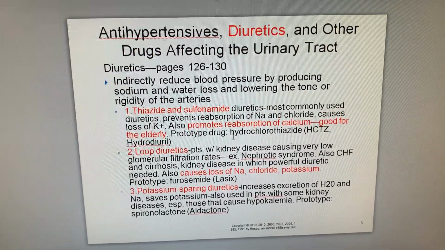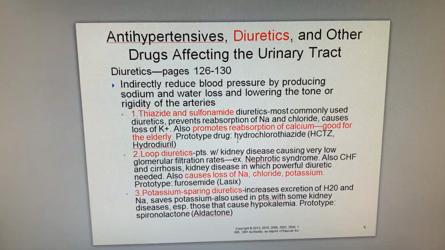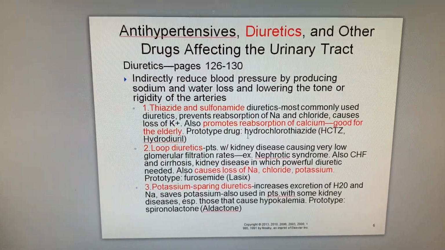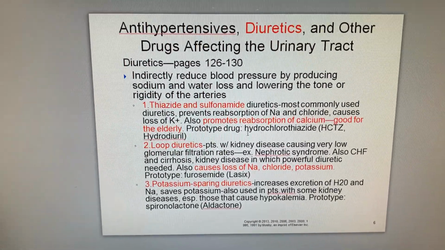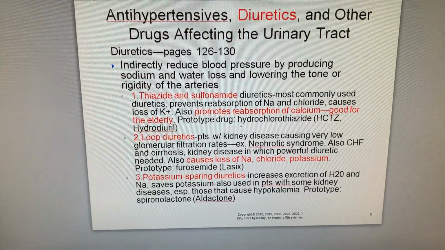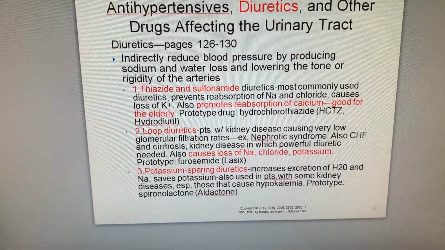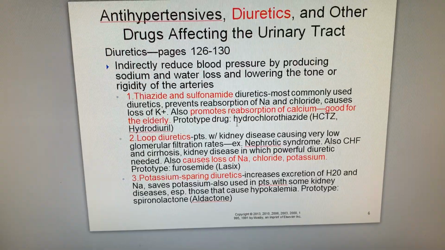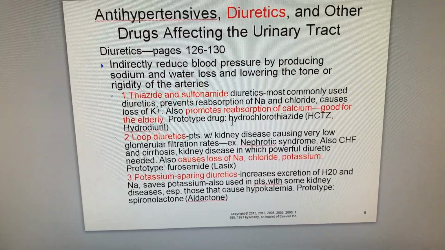So the kidneys do not filter and take up salt, which is sodium and chloride, water, and potassium, but they will take up the calcium that has circulated through the kidneys and return it to the bloodstream.